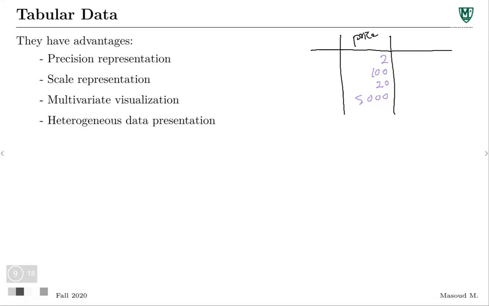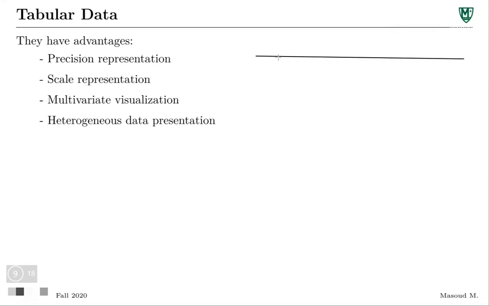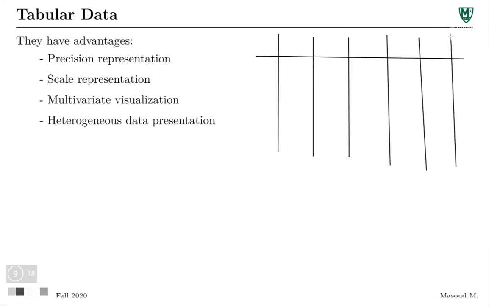Now, I'll talk a little bit about how to align the different types of data in a table. You can have a multivariate visualization. That's what I was trying to say before. So if you have a table like this, you can represent so many parameters. You can represent 10, 50, 20, 30 parameters.